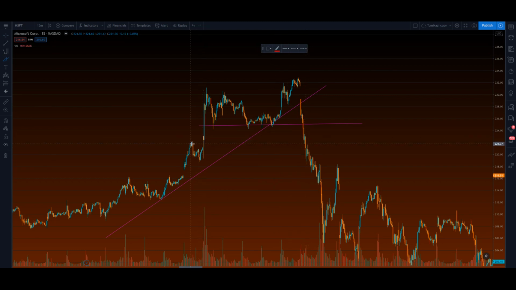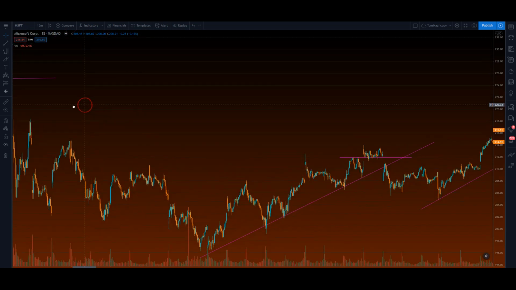As we're seeing over here, it's retesting the shoulder right here. And we could have gotten in right around here, and we would have sold down in here. So we would have captured a 225 or 224 to be safe down to 216. That would have been a very nice move.